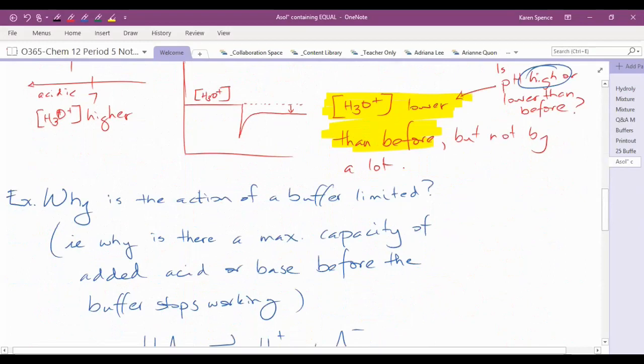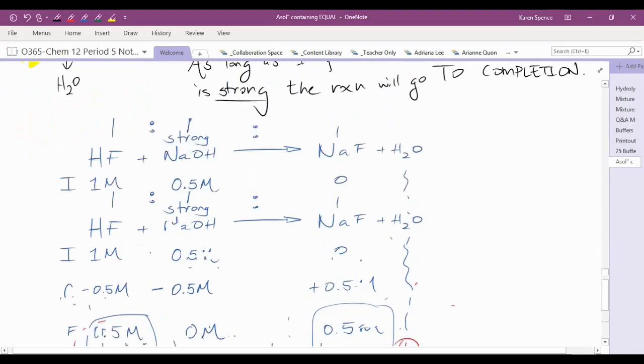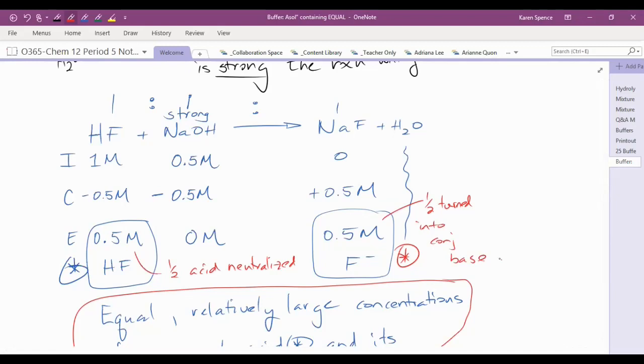So if you have a strong base and it neutralizes a weak acid, when you have neutralized half of the acid, half of it has been turned into the conjugate base. So when half of the acid has been neutralized and turned into its conjugate base, you're going to have a lovely buffer solution.